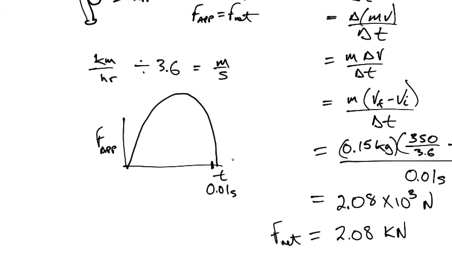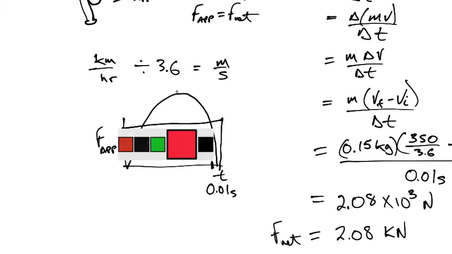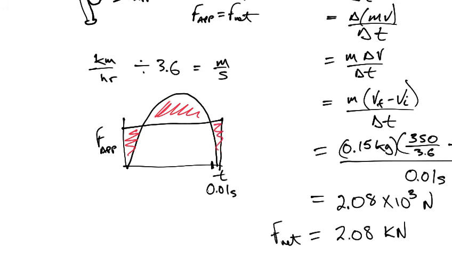So over that time period, the average force might be somewhere around here. And so, well, I didn't really do a very good job of this, but if you look at this area, it should be the equivalent to this area plus this area.